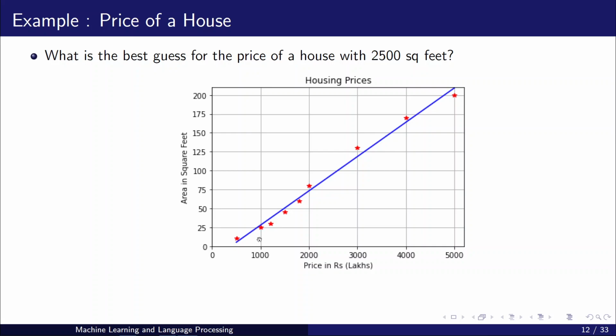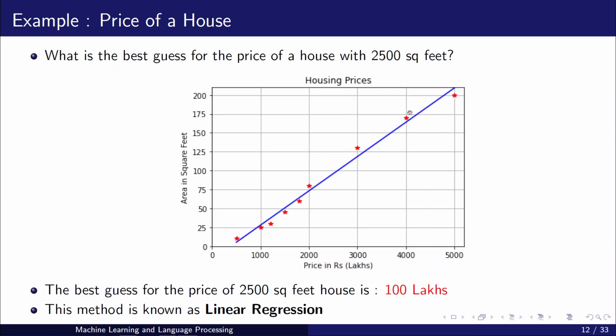This is a linear model. This method is known as linear regression. Using this model you will be able to predict that the price for a 2,500 square feet house is 100 lakhs, a 3,500 square feet house is 140 lakhs, and so on.